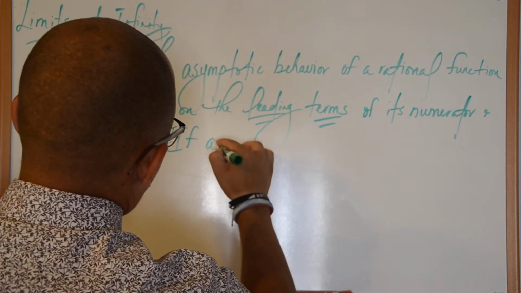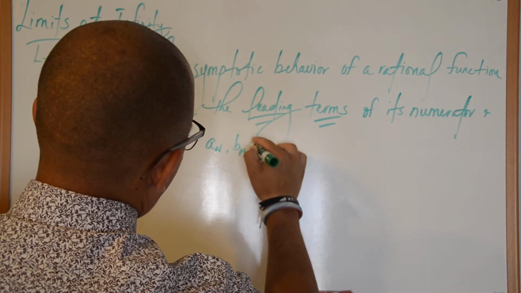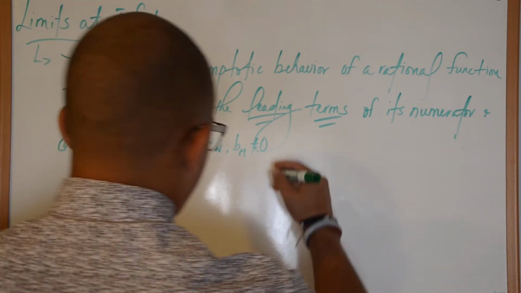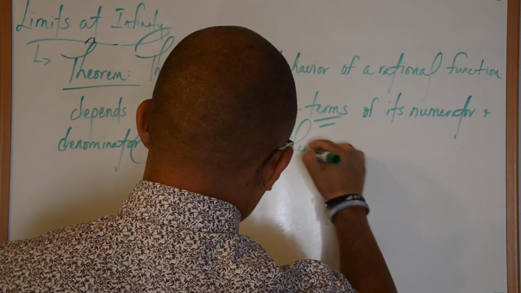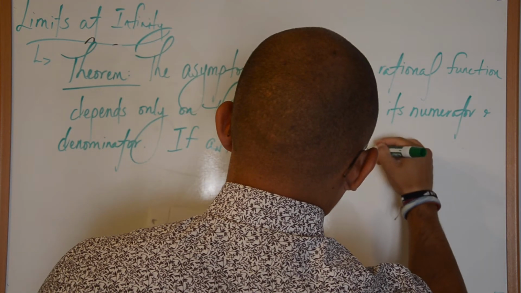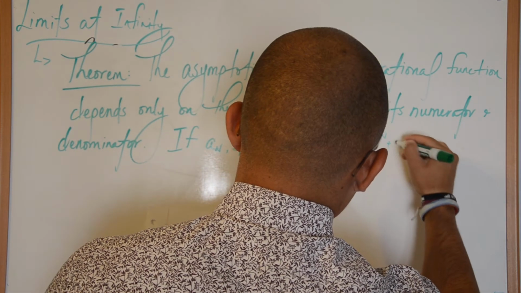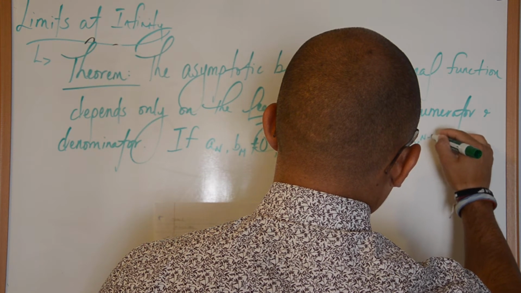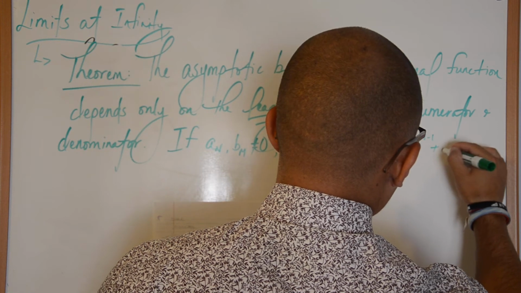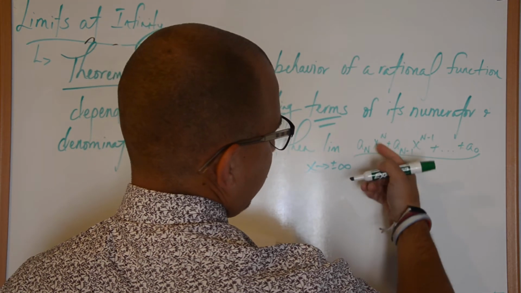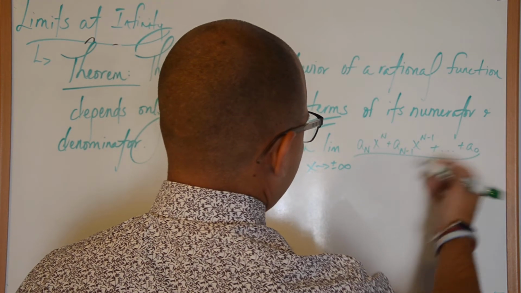If the first term of both the numerator and denominator do not equal 0, then the limit as x approaches positive or negative infinity of first term, first variable, second term, second variable, so on and so forth, right?